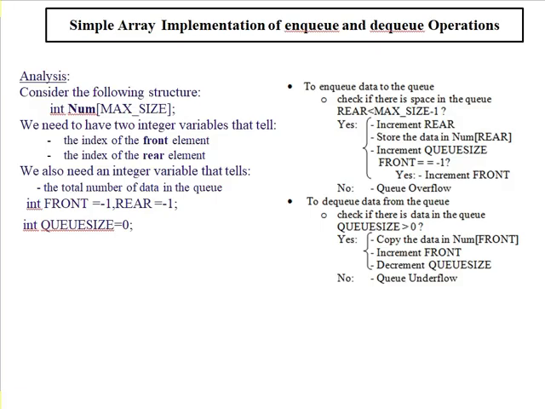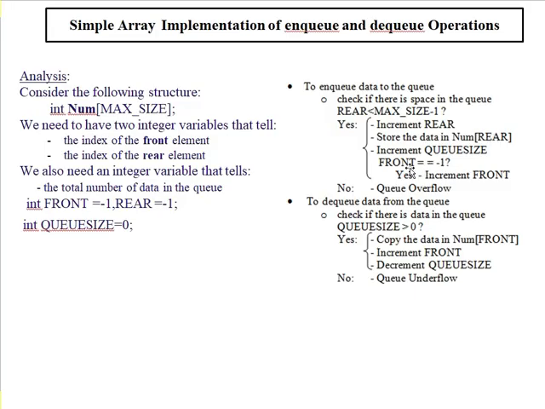So we check whether the rear is less than the maximum size -1, because we are using the rear as an index to insert an element into the queue. If yes, we increment the rear and store the item or data into num of rear, because we are using the rear as an index.